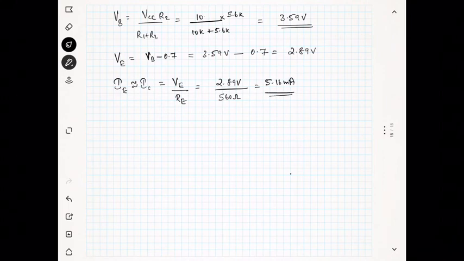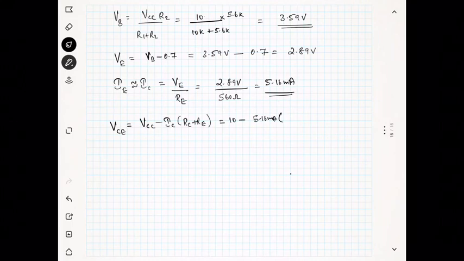So you got the value of IE. Now you can find VCE. What is VCE? It is VCC minus IC into RC plus RE. So this is 10 minus IC, 5.16 milliampere, into RC plus RE.